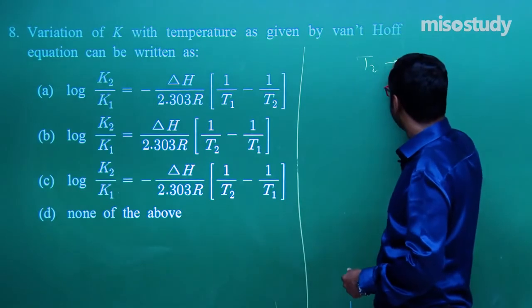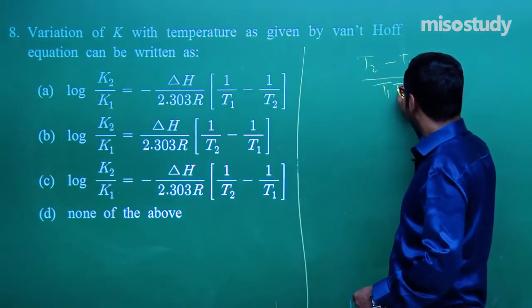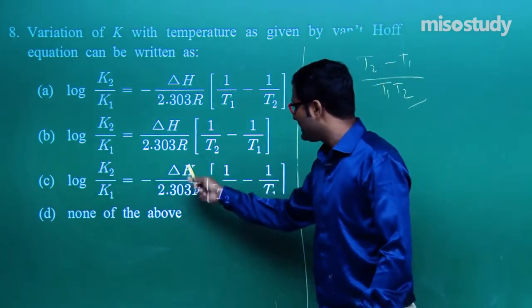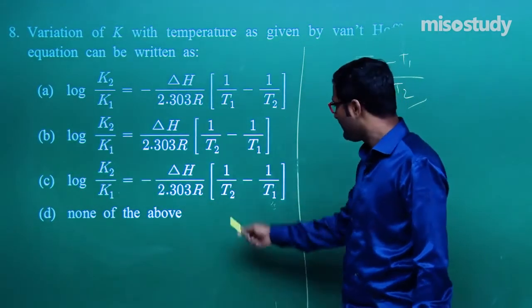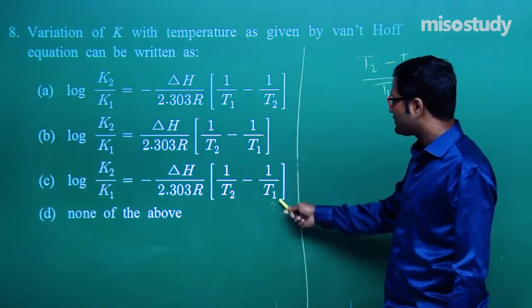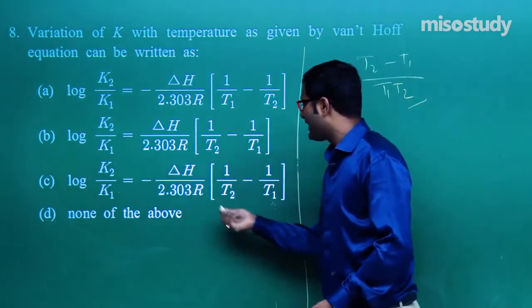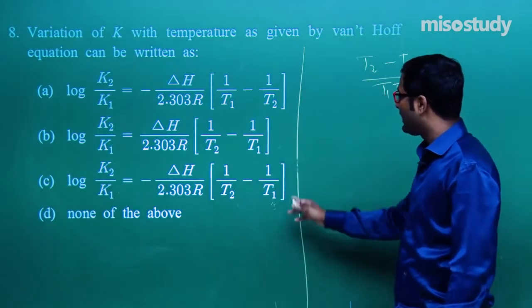That is the expression. So, if I check this one, look at minus delta H upon 2.303 R, 1 upon T2 minus 1 upon T1. Clear to you? You can also write like this, 1 upon T1 minus 1 upon T2.